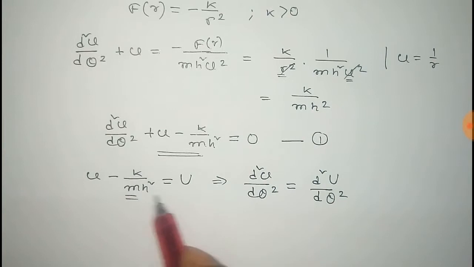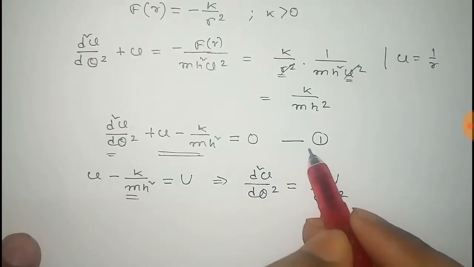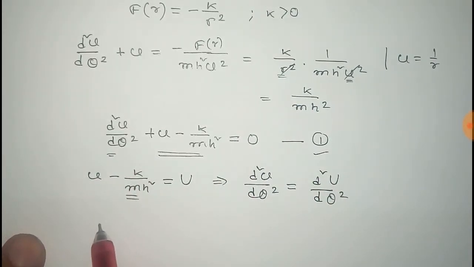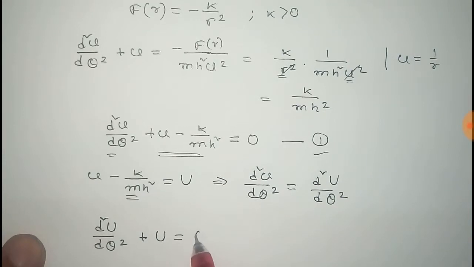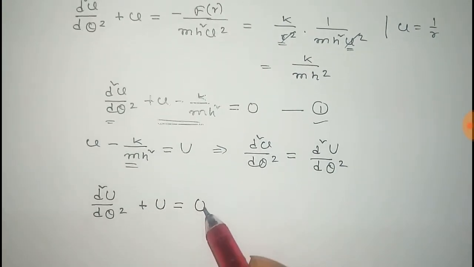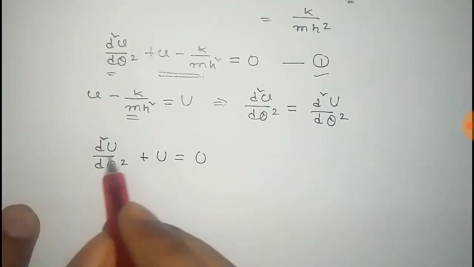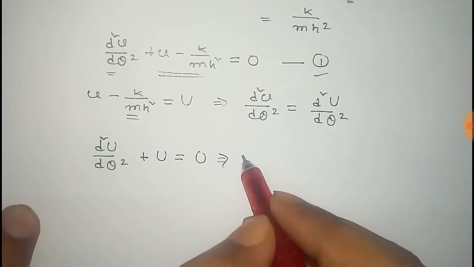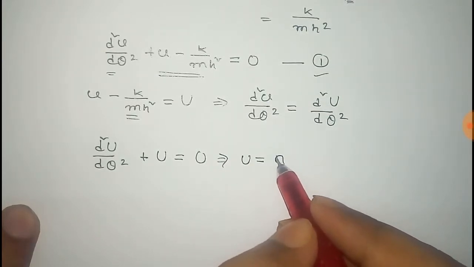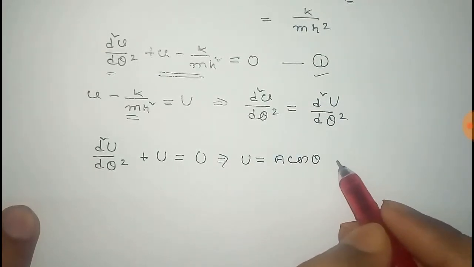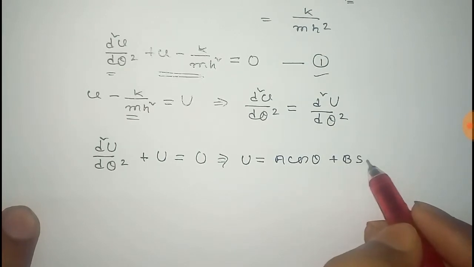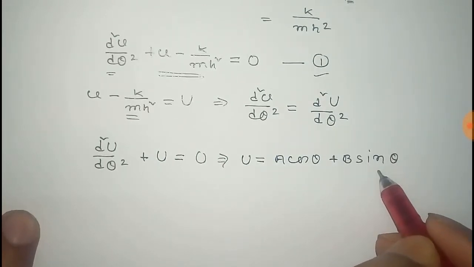So from equation number 1 we get d2 capital U by d theta square plus capital U equals 0. Now this equation has the solution u equals a cosine theta plus b sin theta.